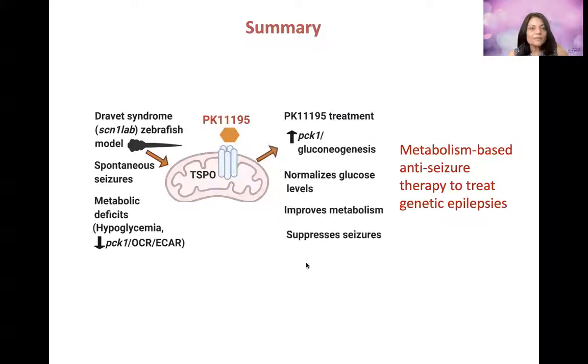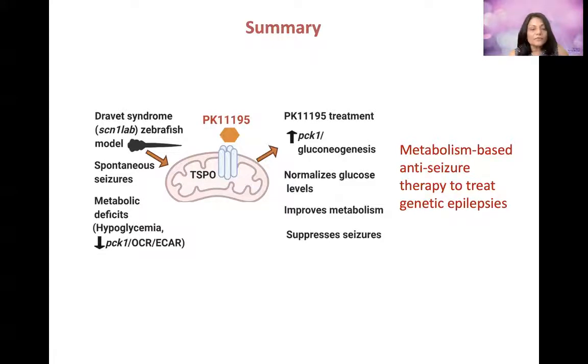So in summary, what I've told you is that the Dravet syndrome mutant zebrafish have spontaneous seizures and metabolic deficits, specifically a decrease in the genes for gluconeogenesis.